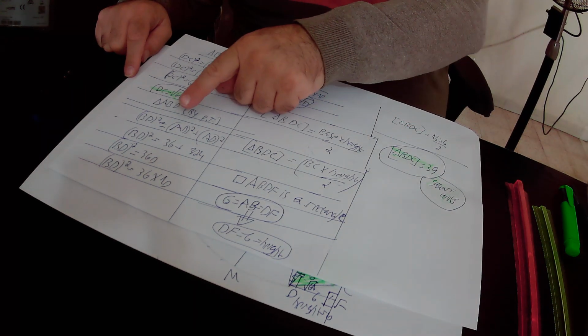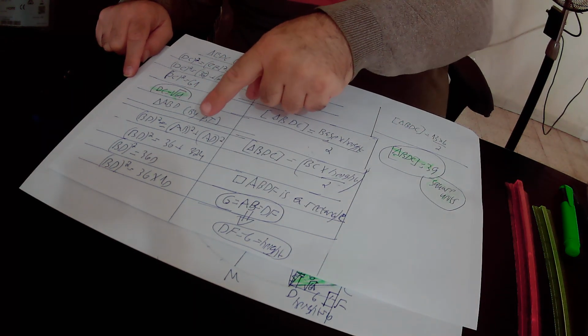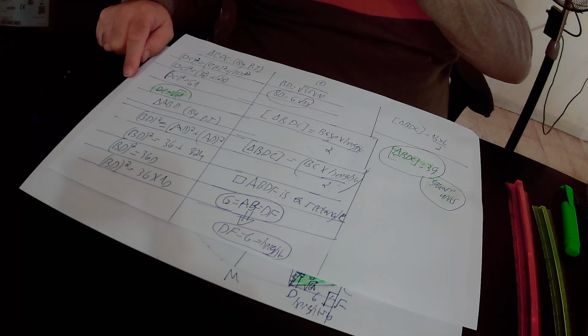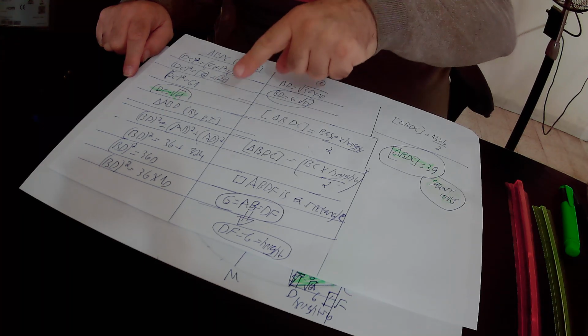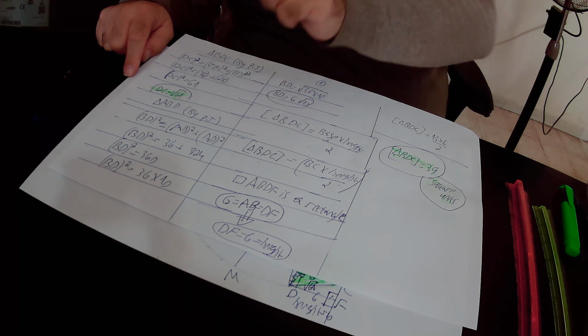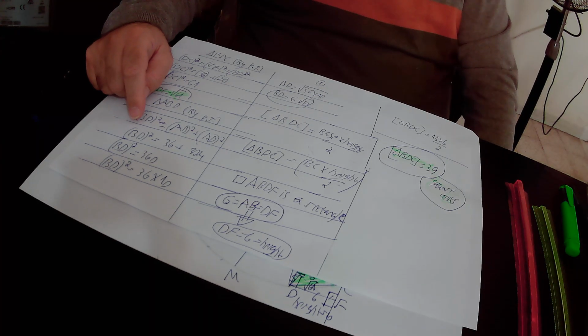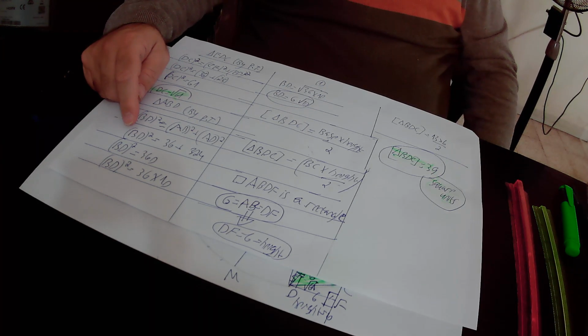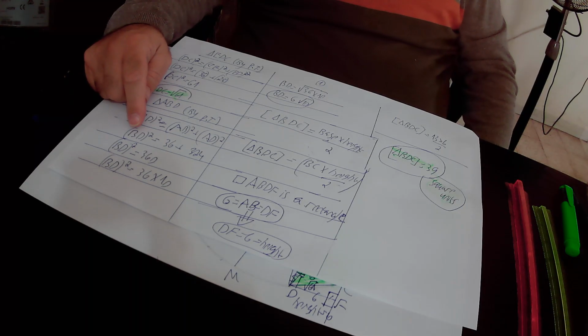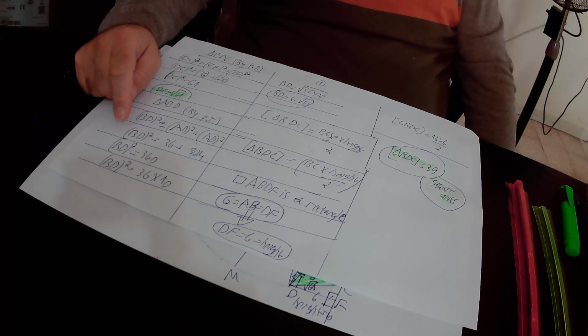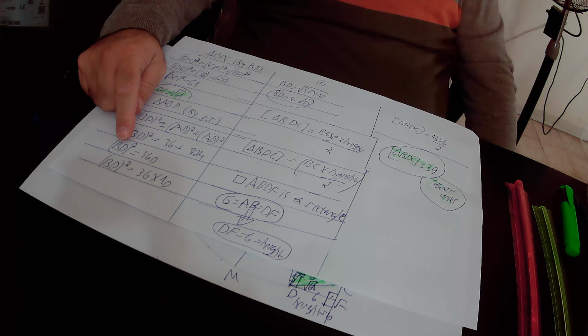In conclusion, we found that BD square equals 36 plus 324. 36 plus 324 is 360, so BD square equals 360. Then we substituted 360 by 36 times 10, so BD square equals 36 times 10.